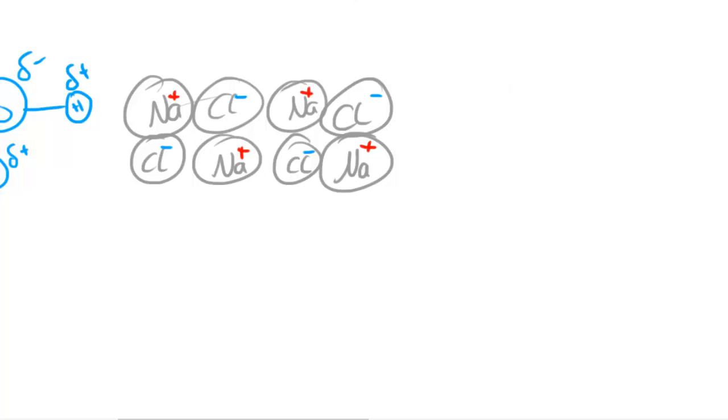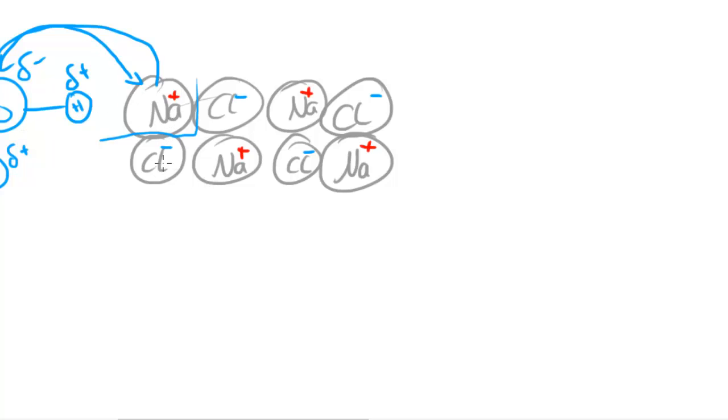Due to the charges on these molecules and these particles, the oxygen, which is negatively charged, is attracted to the sodium, which is positively charged, and vice versa. The sodium is attracted to the oxygen. And so this sodium would basically break away from the compound and associate with that oxygen.